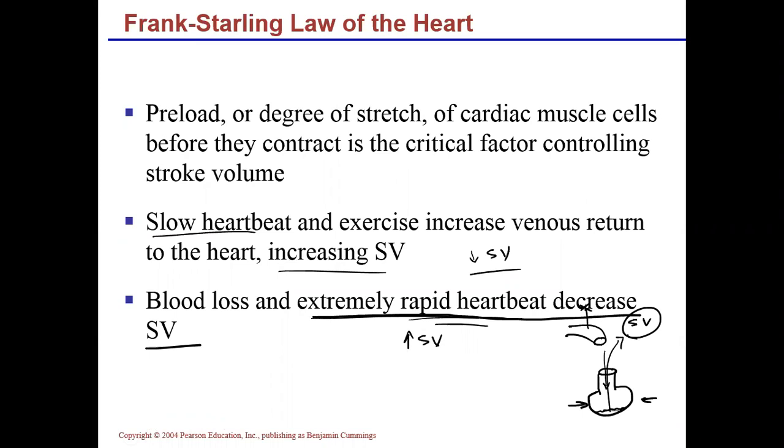Because in sympathetic activity, we're increasing the stroke volume because of the force of contraction. Yes, the water is going to be halfway, but when the force of contraction is higher, it causes more blood to come out.